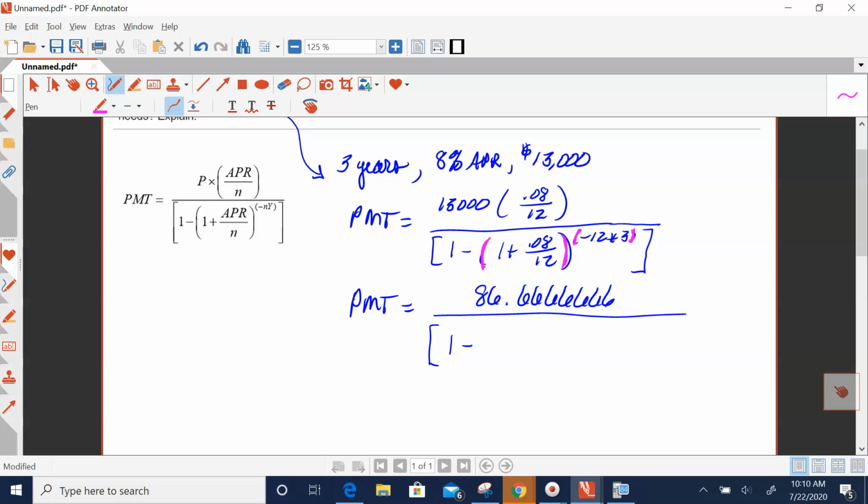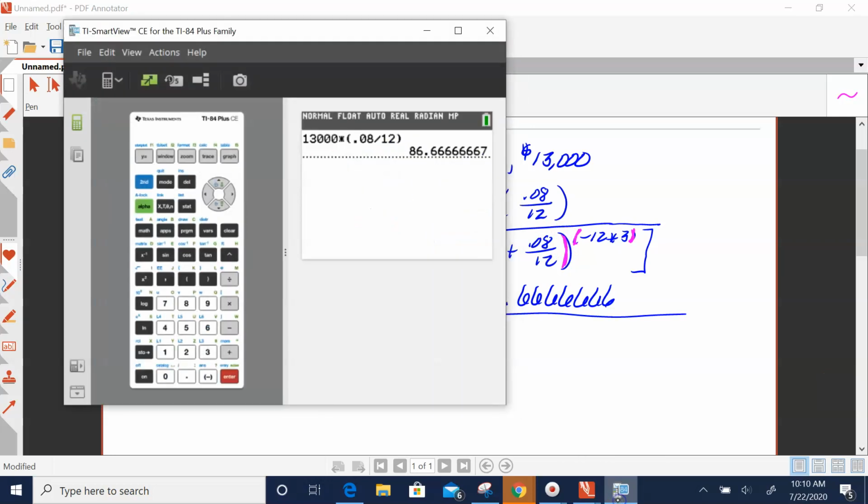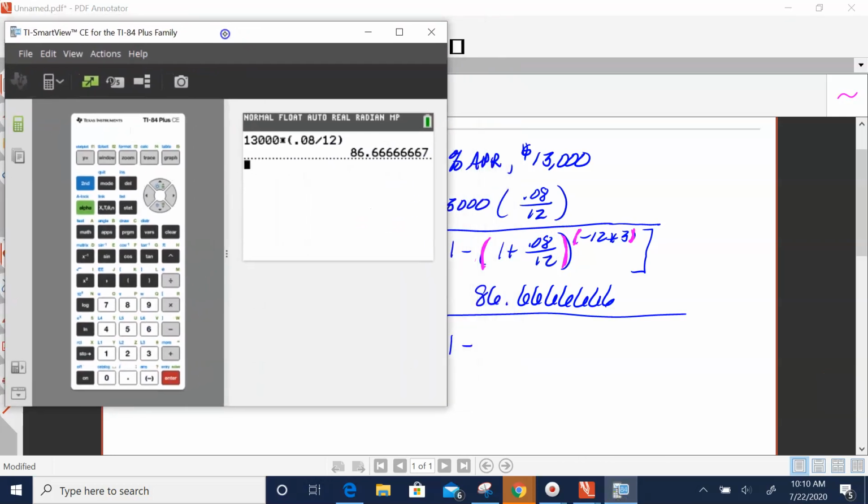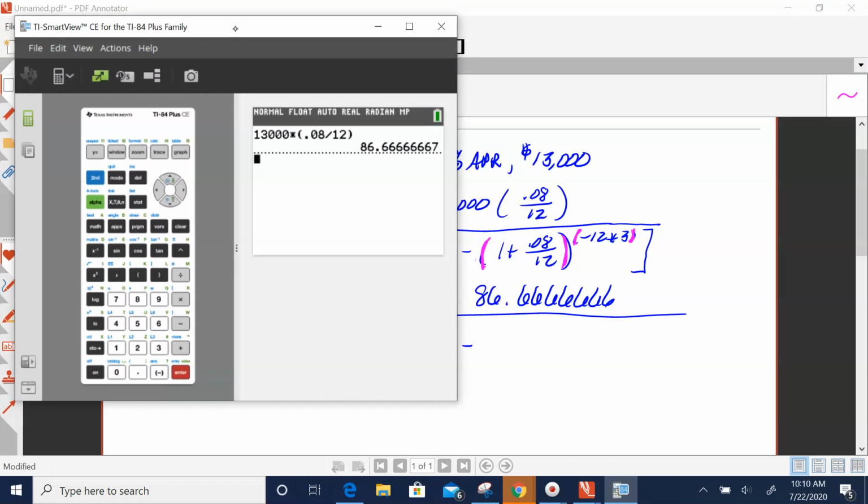So there are 2 sets of parentheses: a set around the exponent and a set around the base part. Let's put that in. I'm going to use parentheses: 1 plus 0.08, whoops, not a 5, that's an 8, divided by 12. I'm going to close that parenthesis.